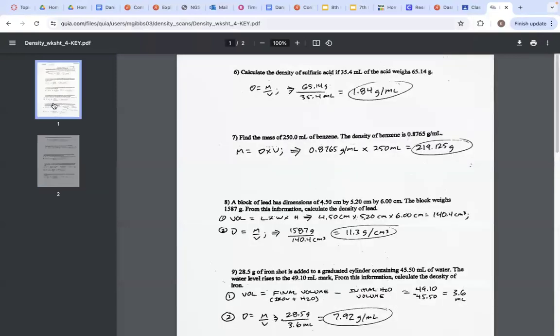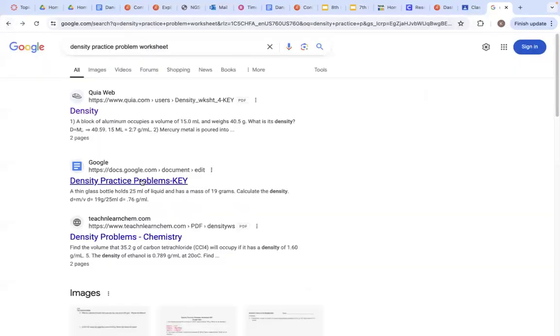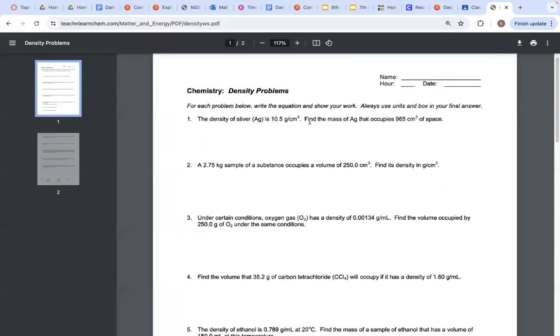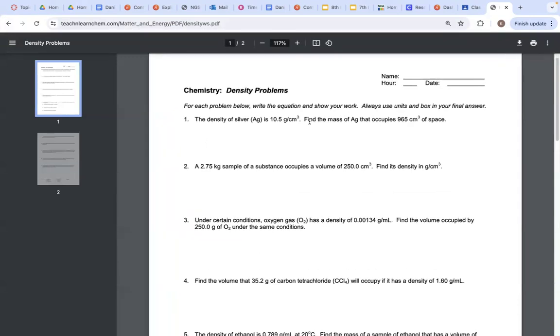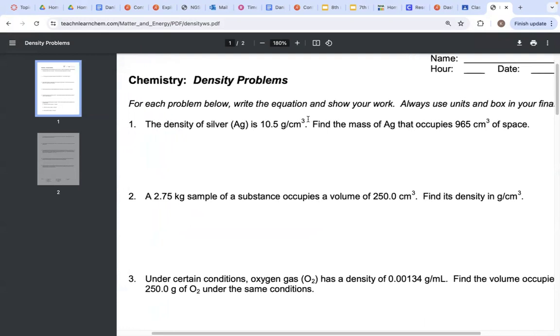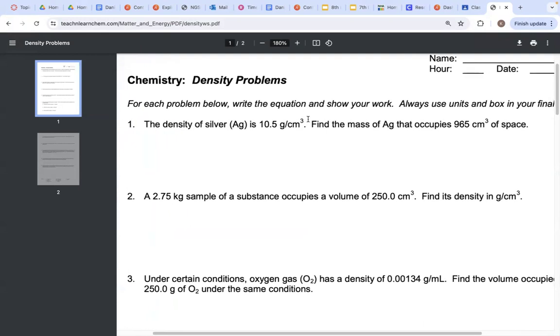There's a PDF. Oh, it's already got the answers written. All right, here's one. All right, so number one, we didn't use this unit, but it works the same way. So don't freak out about it.